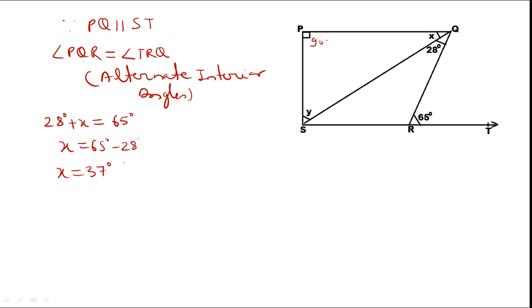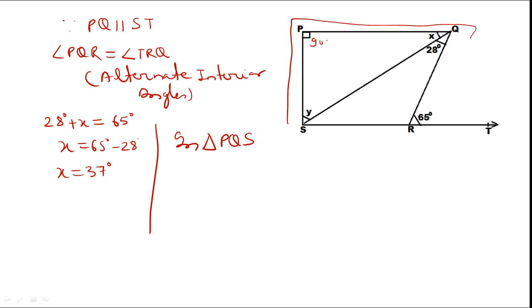Now I am considering triangle PQS, this triangle, right? I am writing x plus y plus 90 degree is equal to 180 degree.